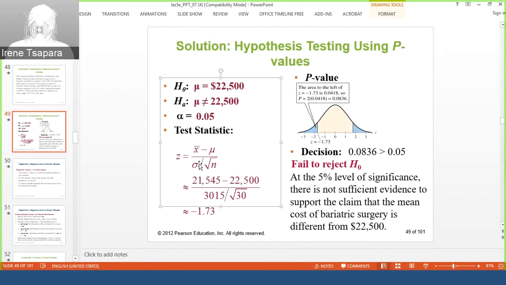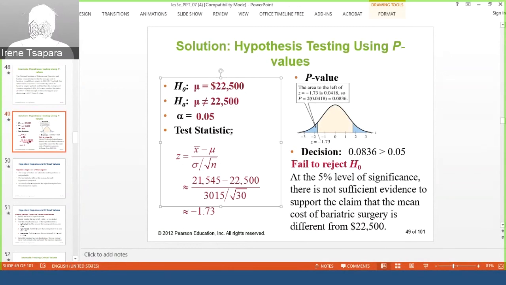I run the test, I calculate my test statistic, I find my test number. The test statistic is negative 1.73. Now, the area to the left of the number that I will get is going to be the p-value. So the area to the left is going to be 0.0418. That's the number that I will get. But now, I want to know where this number stands.